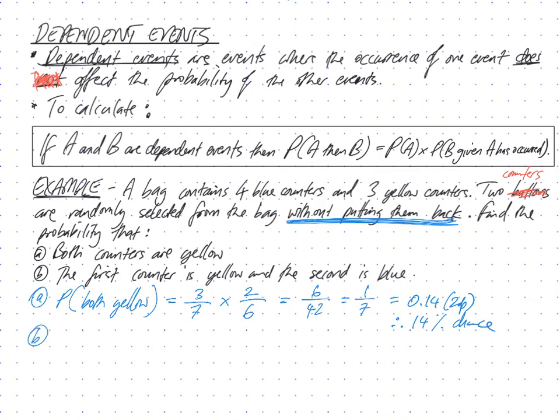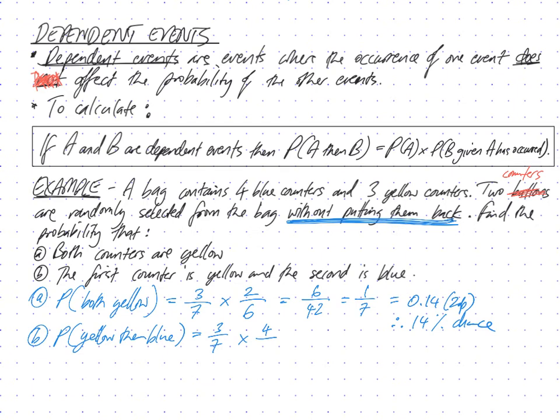B: that the first counter is yellow and the second is blue, so the probability of yellow, then blue. Same as before, what's my chance of getting a yellow counter first? Well, 3 out of the 7 counters are yellow. But I'm timesing it now by the second being blue. After I picked a yellow out, how many blue counters do I have? I've still got 4, but how many counters are there?